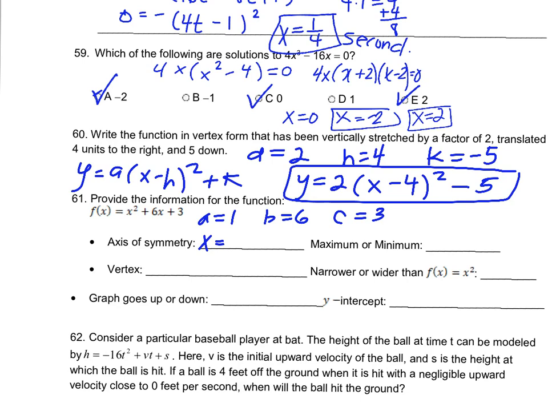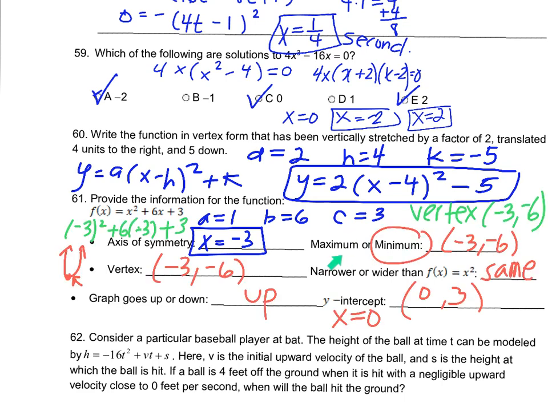Now, you actually don't need to write all that down. You could do your work on the side, and the answer would be negative 3. You need to give an equation. For a maximum or a minimum, we need to find our vertex. So that means we need to substitute that negative 3 we just found into the problem.